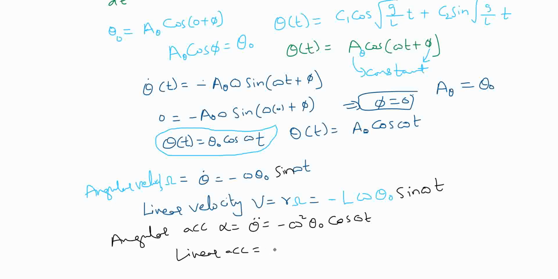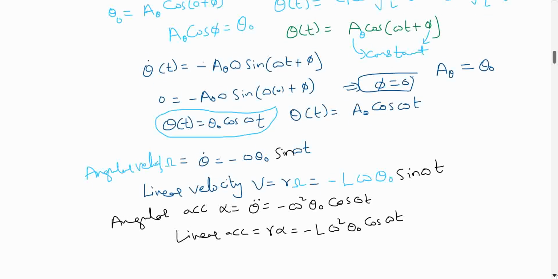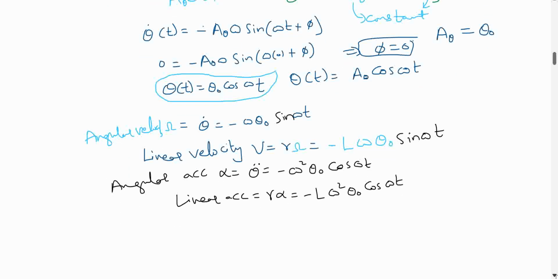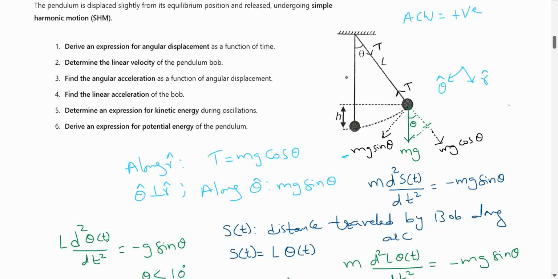Linear acceleration will be r times theta double dot, r times alpha, which is minus L omega square theta naught cos omega t. Okay, so we have found the linear acceleration also.